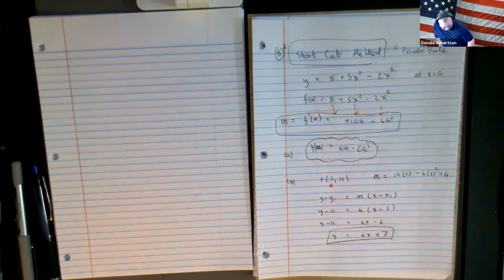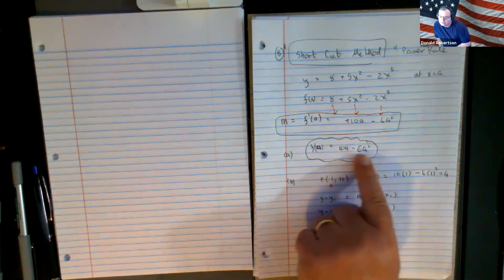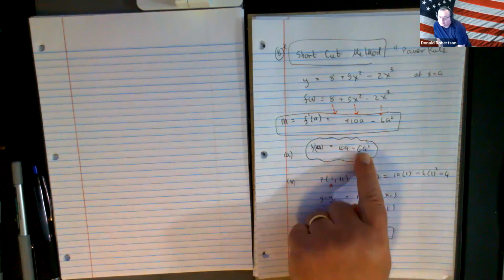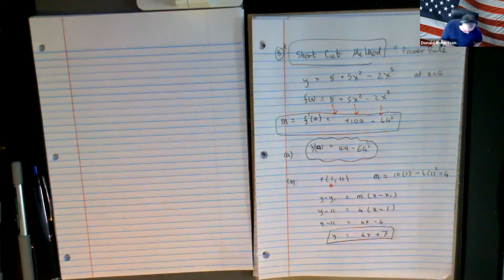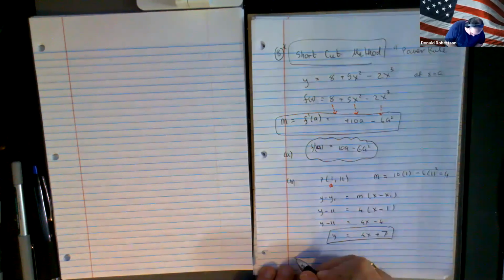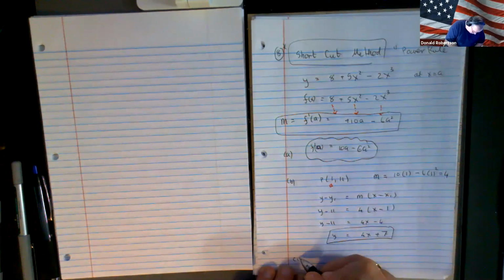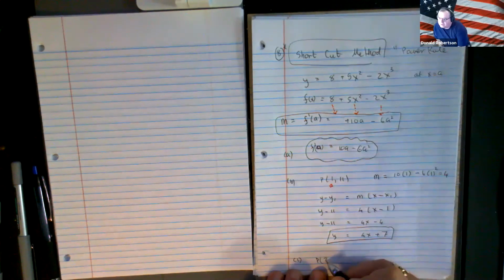Because the piece that would take you the longest would probably be to find this answer, right? To find the slope of the tangent line at a given point, x equals a. Well, I guess I could have done it at x equals 1, but in this question, they asked you to do it twice. Now, I'm not going to do that one, but would you agree that one would be very similar to how we did this one?